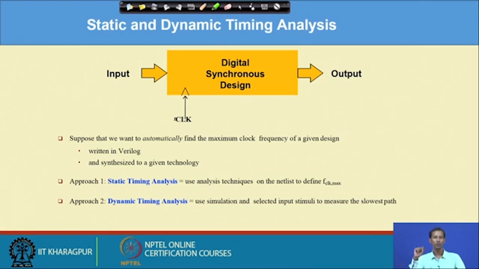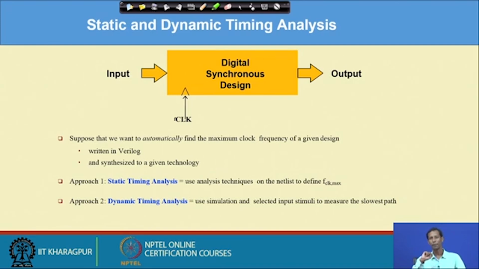Then you can ask: if I make it lesser, suppose the critical path requires a time of, let us say, 10 nanoseconds, but I make the clock period 9 nanoseconds, what will happen at that time?